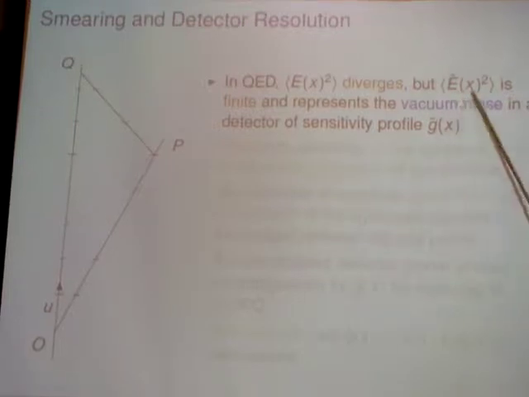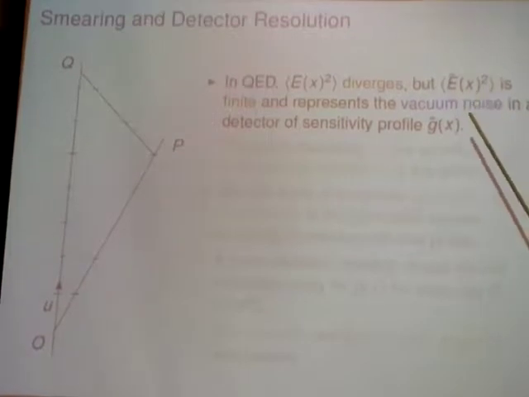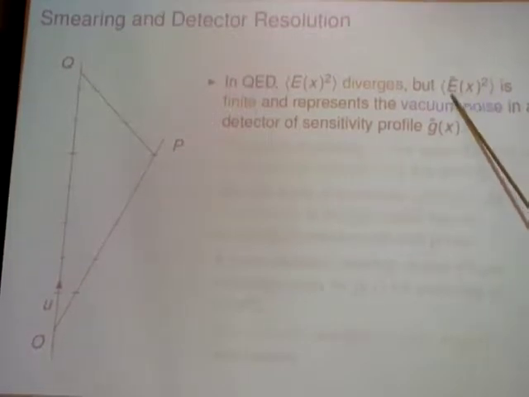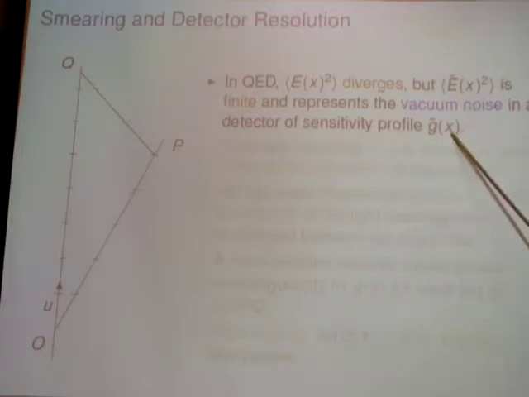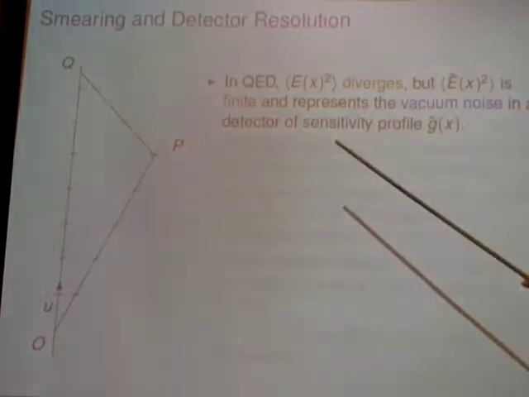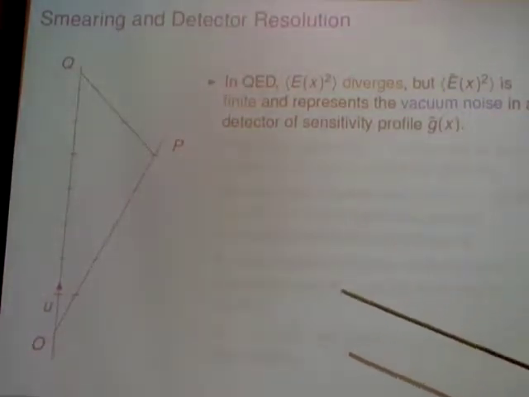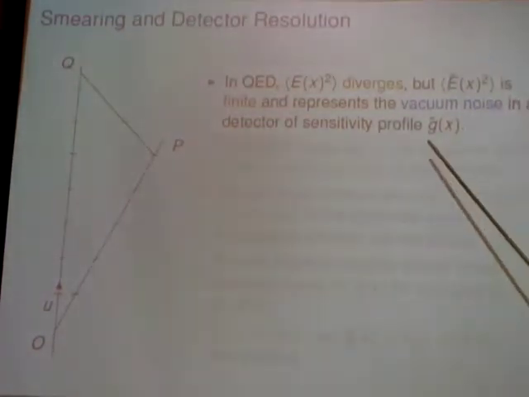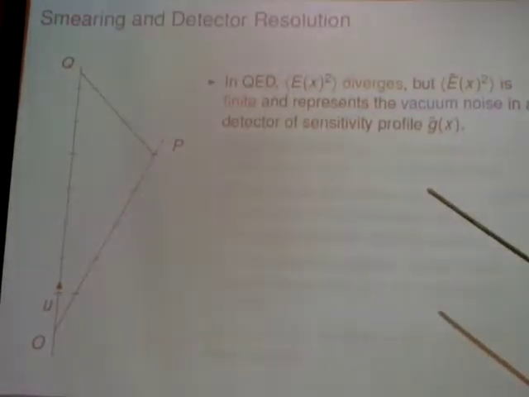So what this calculation tells you is that you are in fact computing the variance of the measured field, which is smeared by the sensitivity profile, and you get a finite result, which is perfectly reasonable, but moreover, this finite result depends on the sensitivity profile. So the more sensitive your detector, the higher the noise.